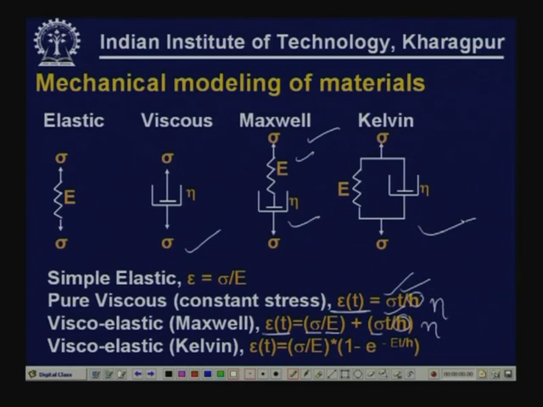This is a Kelvin model in which spring and the dashpot are put in parallel, and when this is subjected to sigma, the corresponding strain as a function of time is given by stress by elastic constant into 1 minus e to the power minus E into time divided by eta.